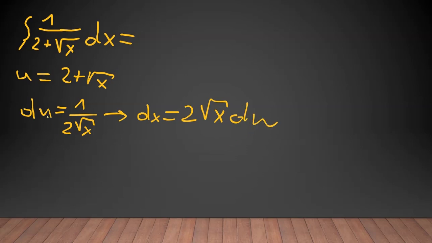Let me explain why. As you can see, u is this one in the denominator. We take this whole function as u to make it simpler. And then we calculate the derivative from this. So we need to calculate the derivative of 2 plus square root of x, which is the same as 2 plus x to the power of 1/2, because square root of x is x to the power of 1/2.